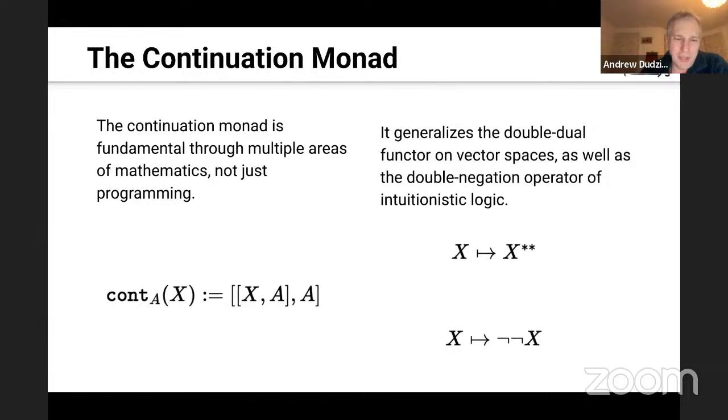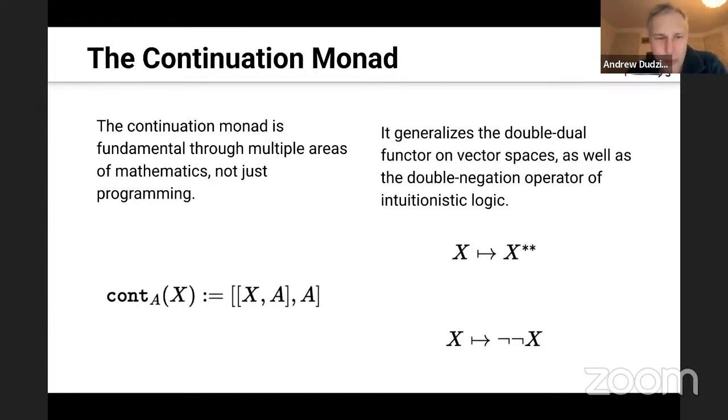A nice example here is in the category of vector spaces over the real numbers. If A is the real numbers, then X bracket A is just the dual vector space of X. So this continuation is then computing the double dual.